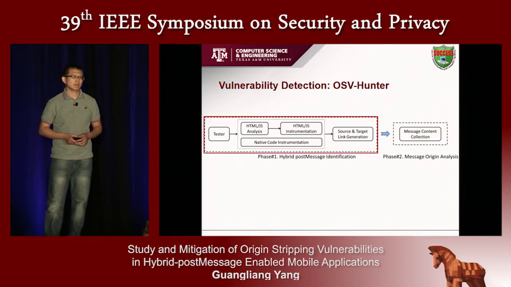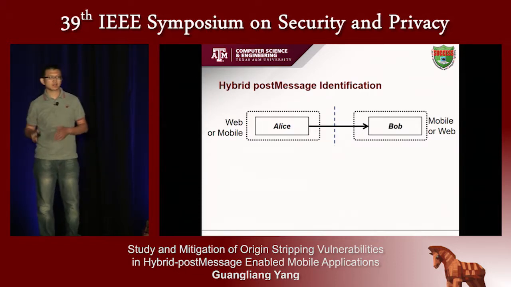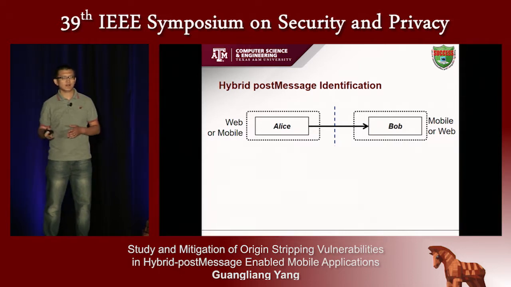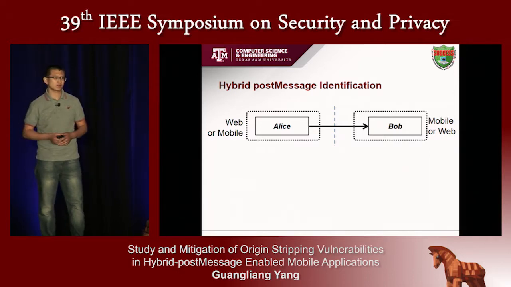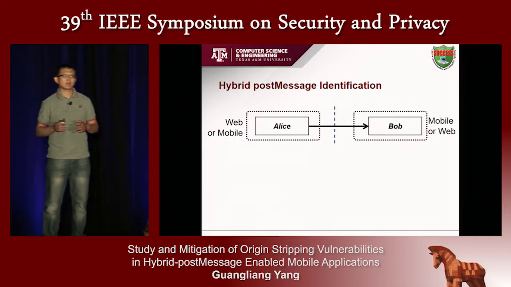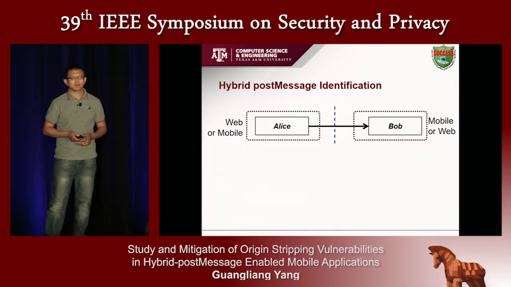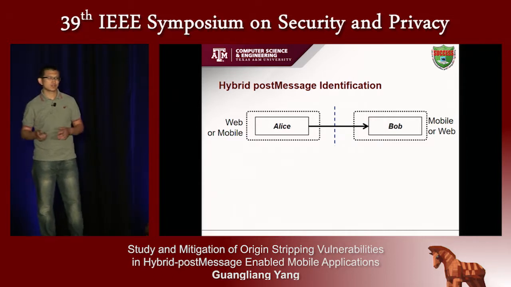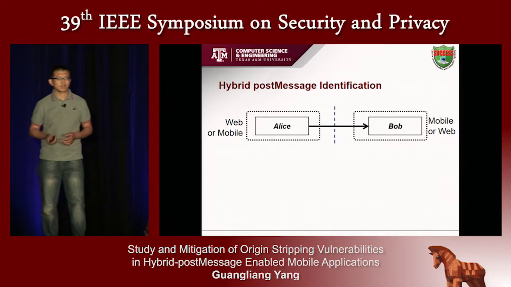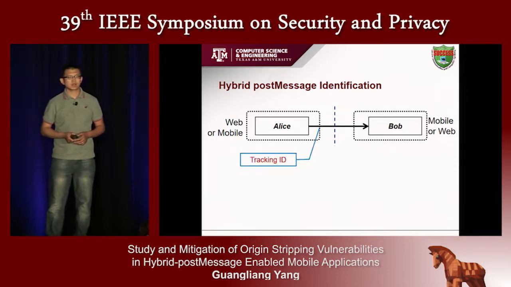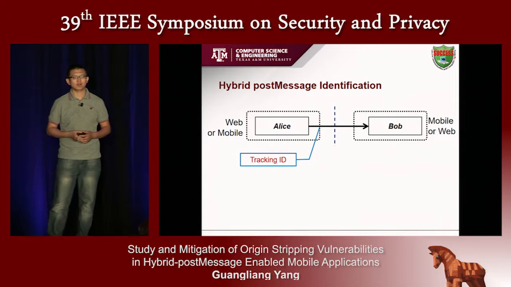More specifically, in the first step, OSV Hunter faces some challenge to identify message senders and message receivers because they are usually located in two different platforms, and there is some semantic gap between them. To mitigate this problem, we do some program analysis and instrumentation, and inject a tracking ID into any potential message that may be transferred across the boundary between the web and mobile platform.